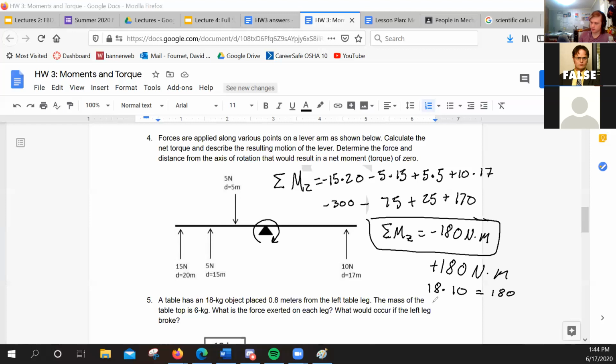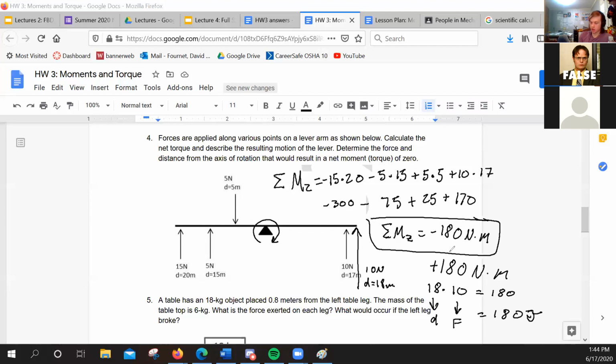So we could say 18 is our distance and 10 is our force, which equals 180 torque, okay? Because all we're trying to get is this 180 torque. So if we did that, we'll put over here a force that is 10 newtons and the distance will equal 18 meters, okay?